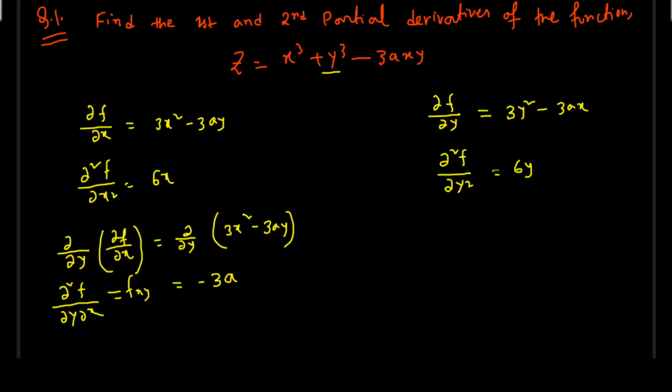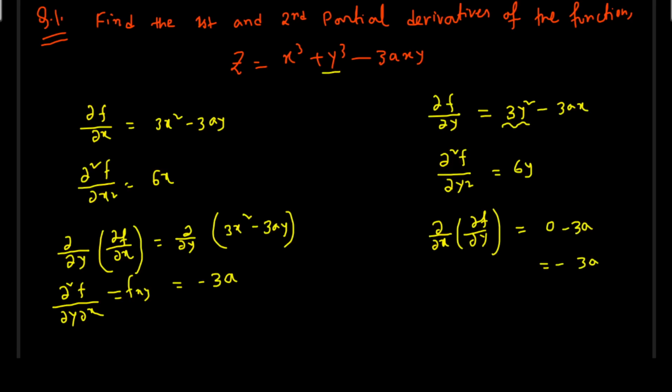Similarly, if we take the differentiation of del f del y with respect to x, the differentiation of 3y square with respect to x will be 0, and here it will be only 3a, so it will be minus 3a.